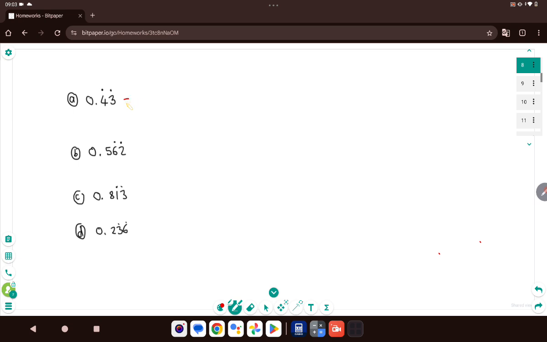So this first one, let x equal 0.434343. Multiply by 100 because it's repeating twice. Arrange everything so it's underneath each other.